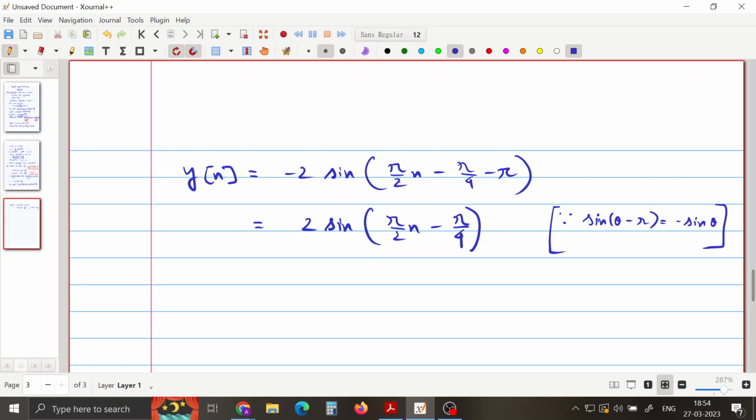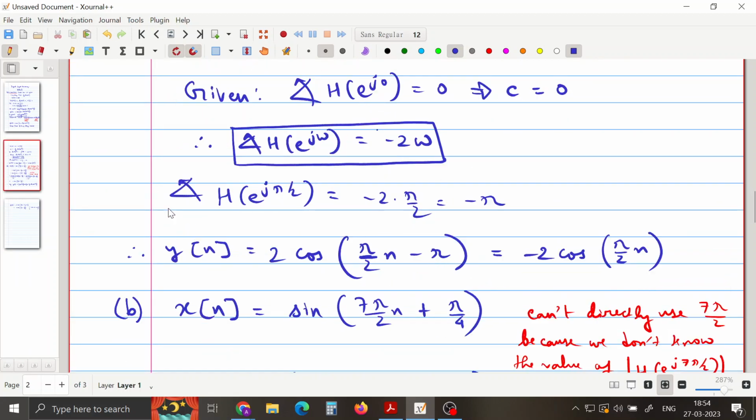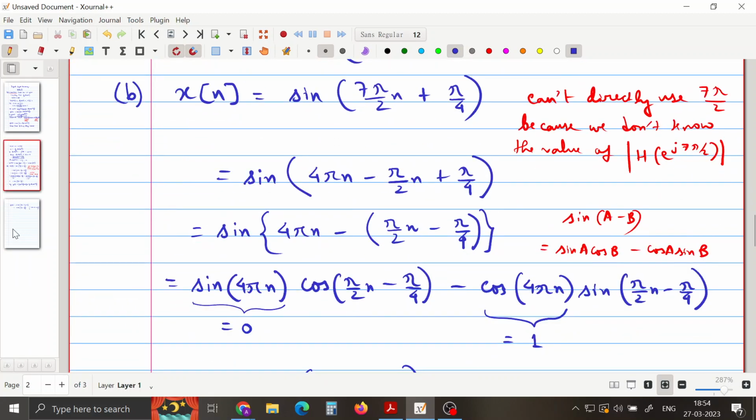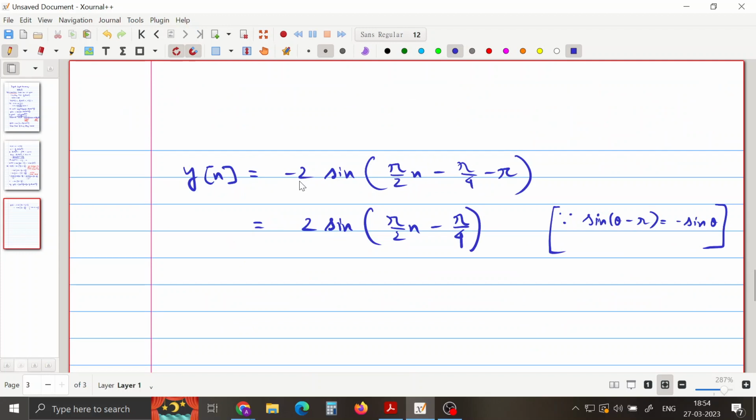Okay. Sir, excuse me, sir. Yes. You have put a minus pi over there, no, for the modulus angle of H of e power j omega. Whether I'm correct? Which one? You have written minus 2 pi by 2n minus pi by 4 in the question. You are given a group delay.